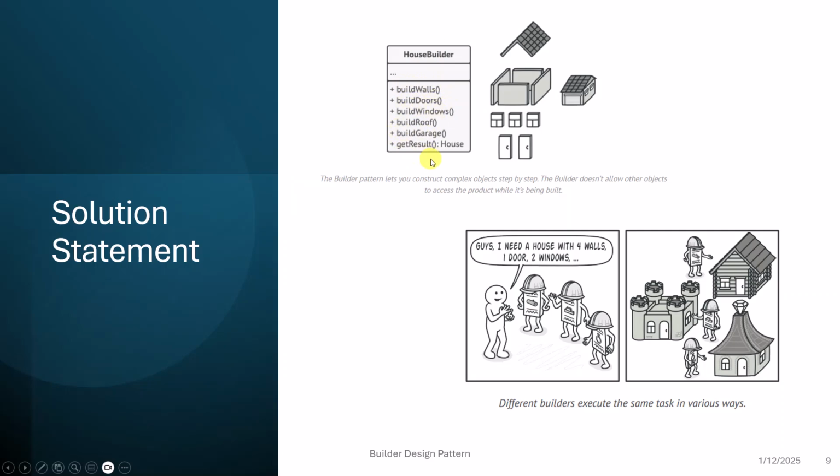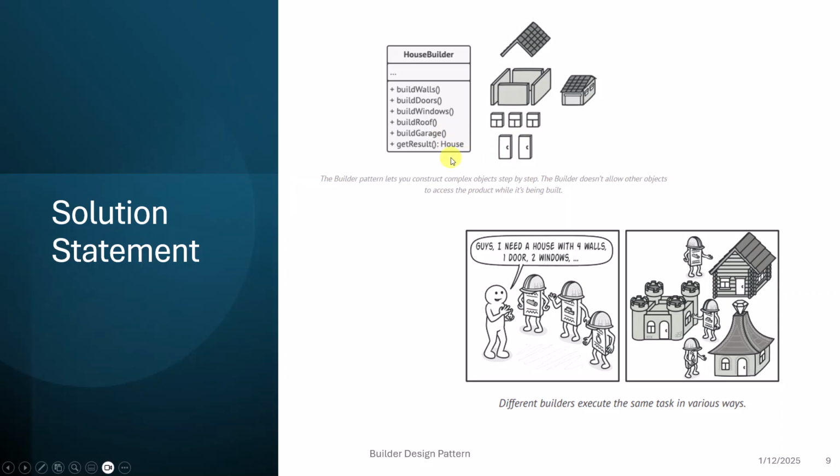Here the pattern organizes the object construction into a set of steps like build wall, build door, etc. When we create an object, we execute a series of steps to build a house object. The important part is that you don't need to call all the steps. You can call only those steps that are necessary for producing a particular configuration of an object.